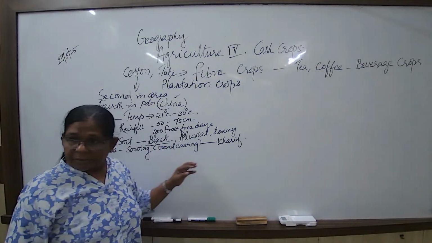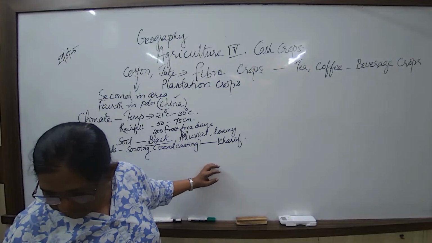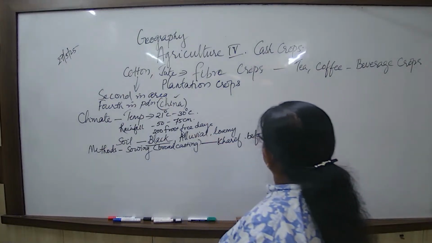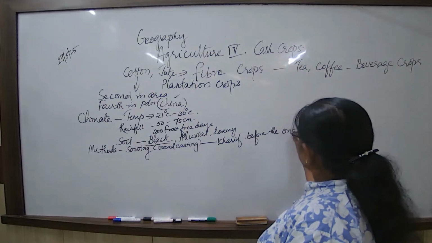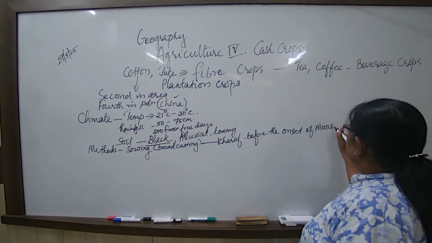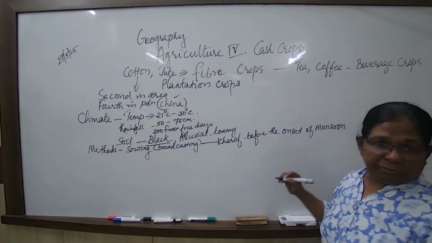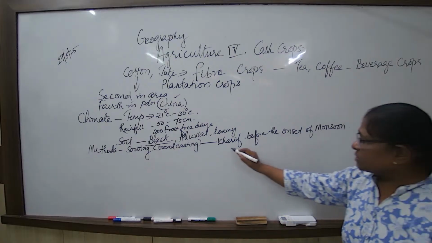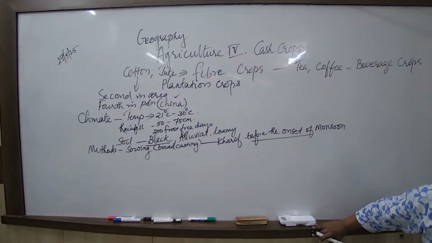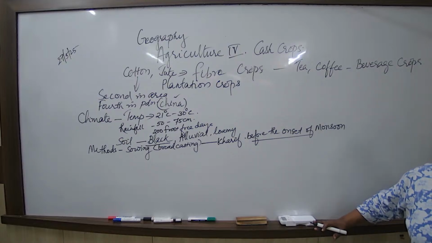Kharif crop, and it is sown before the onset. Kharif crop is normally sown with the onset of monsoon, but this crop is sown before the onset.